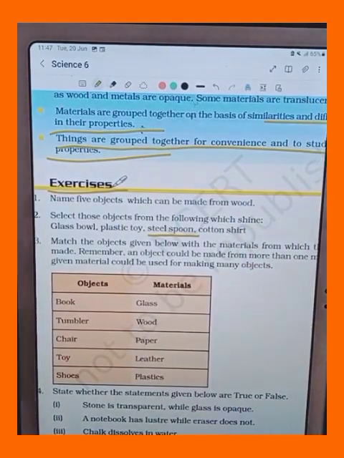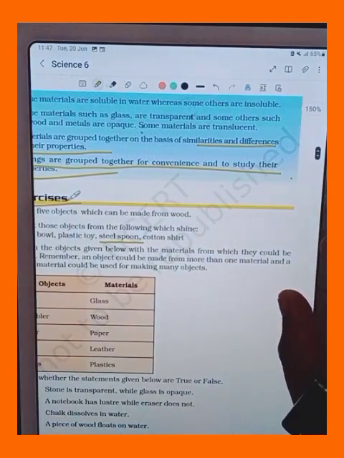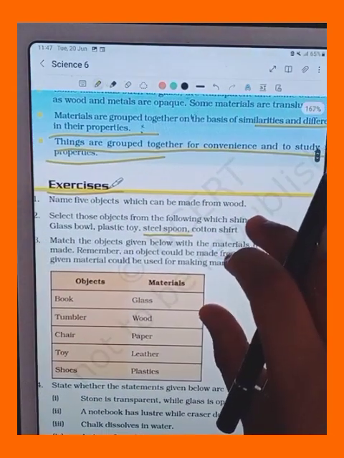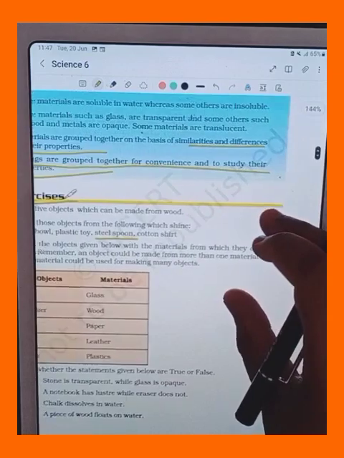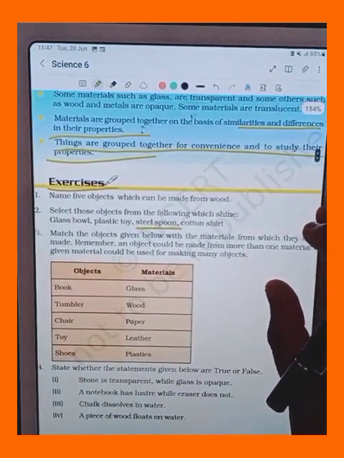Match the objects given below to the materials from which they could be made. Remember, an object could be made from one or more materials, and a given material could be used to make many objects.